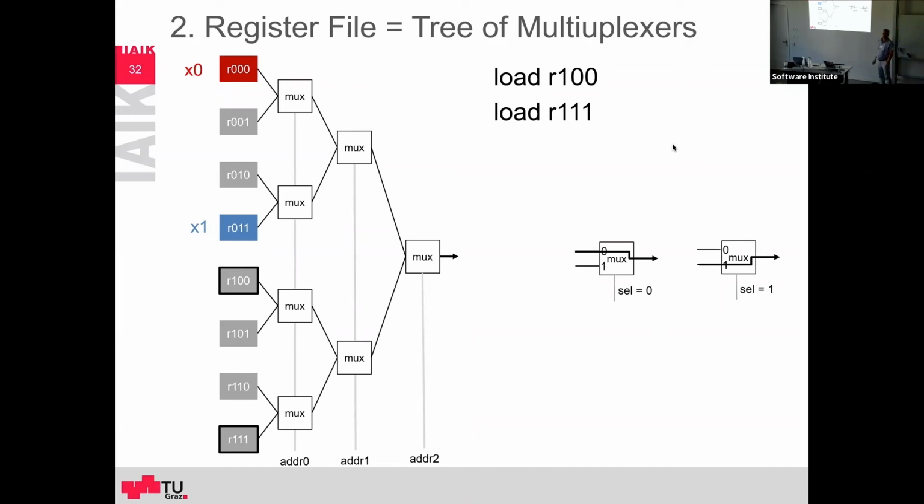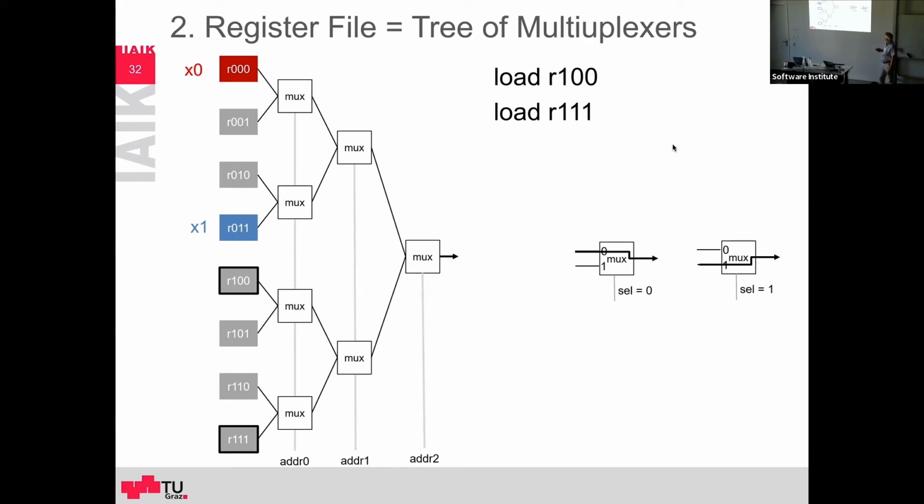The instructions have nothing to do with my secrets. Now, how this thing is implemented: I have a register bank, with 16 registers, and I load something, I want the result up here. And this is implemented by a tree of multiplexers. The multiplexer is going to decide to let a value through, either top or bottom.